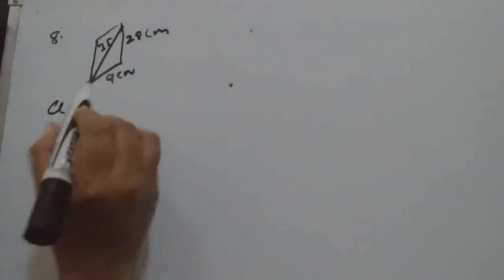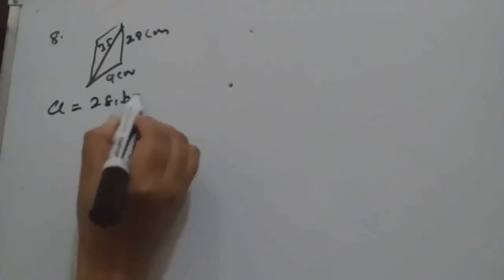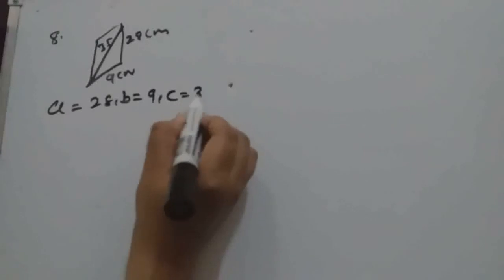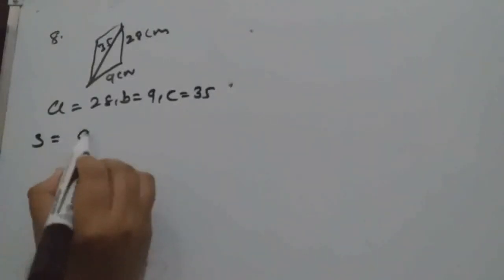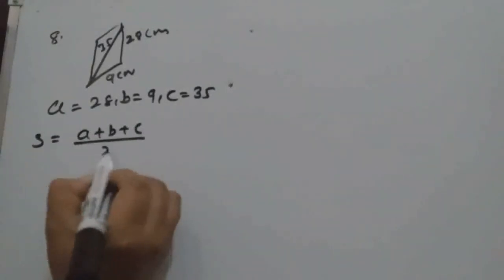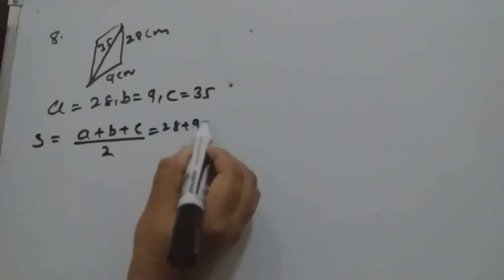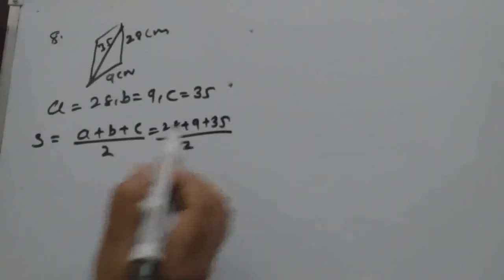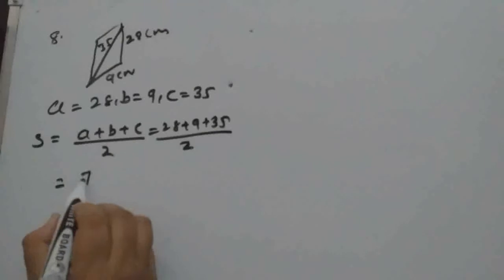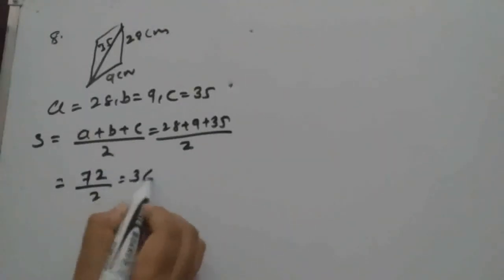So let A be 28, B is 9, C is 35. So S will be A plus B plus C by 2. 28 plus 9 plus 35 by 2. That will be 72 by 2, that is 36.